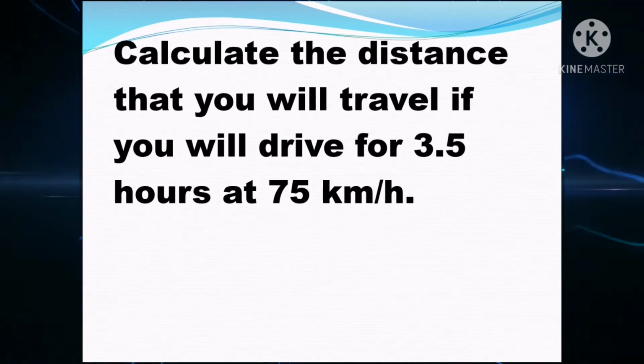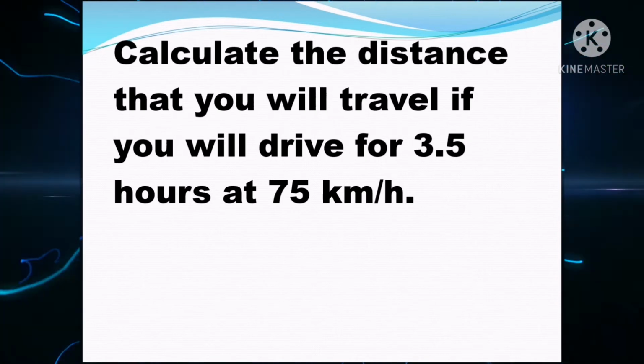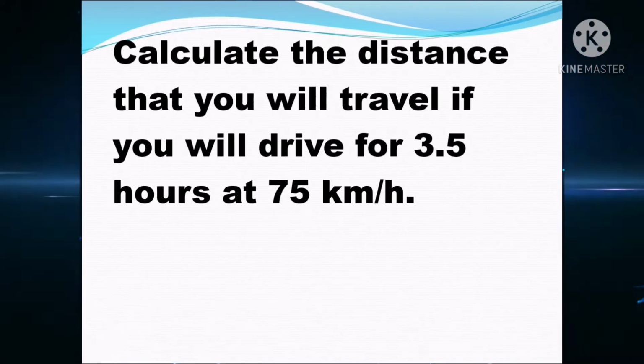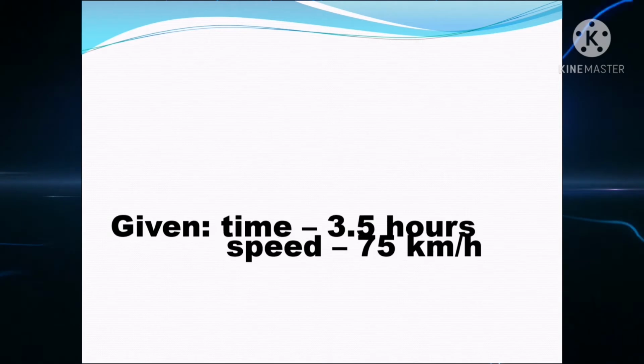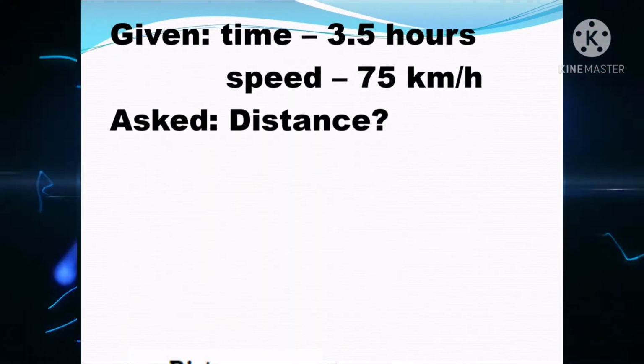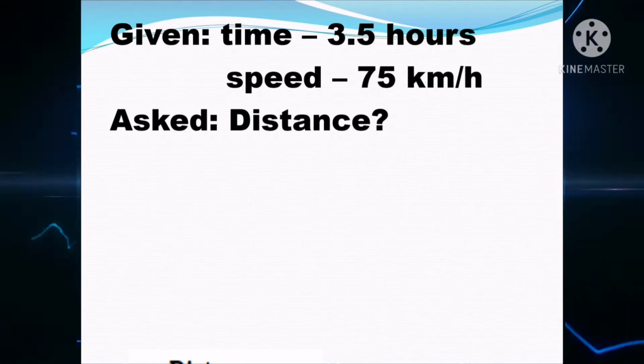First, calculate the distance that you will travel if you will drive for 3.5 hours at 75 kilometers per hour. Our given facts in the situation are 3.5 hours, which is the time, and 75 kilometers per hour, which is the speed. So, our missing variable is the distance.